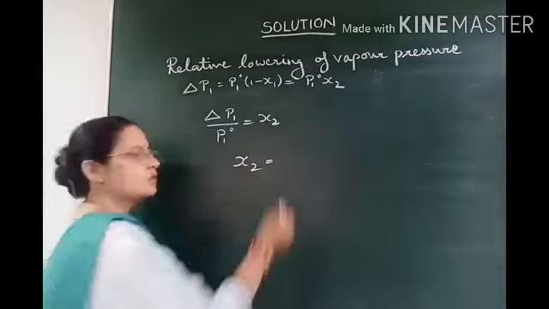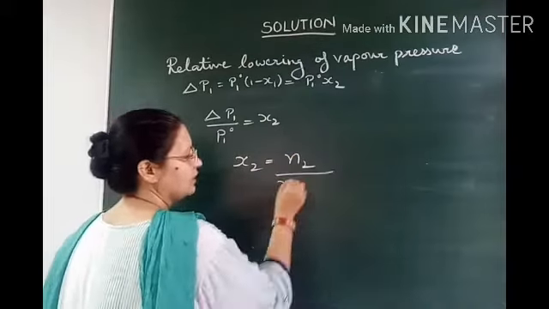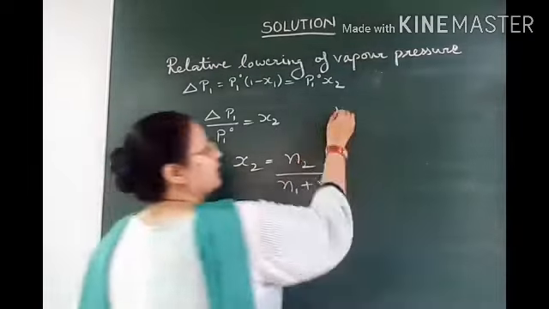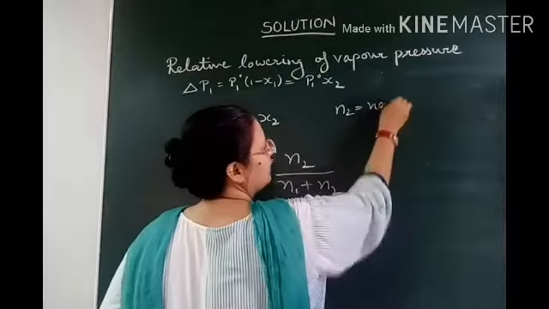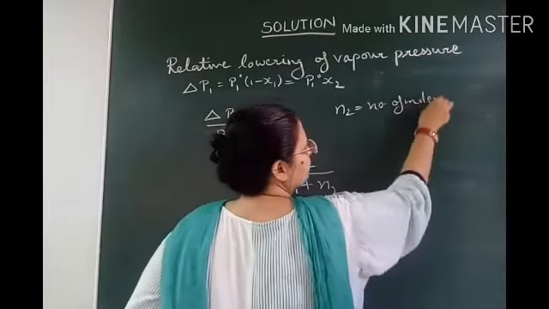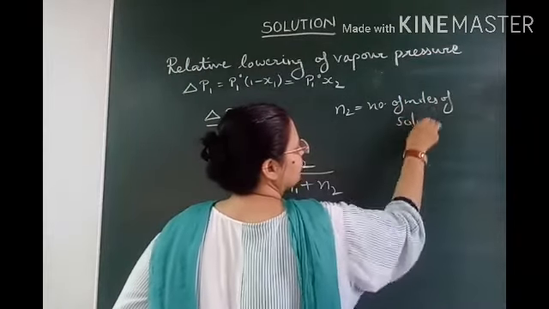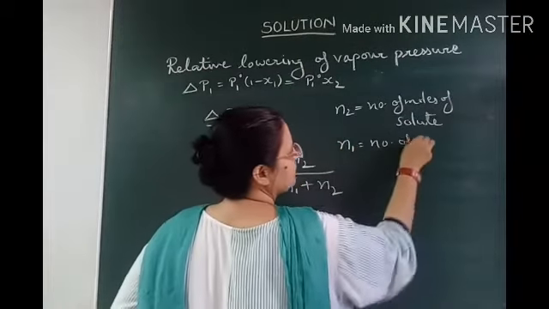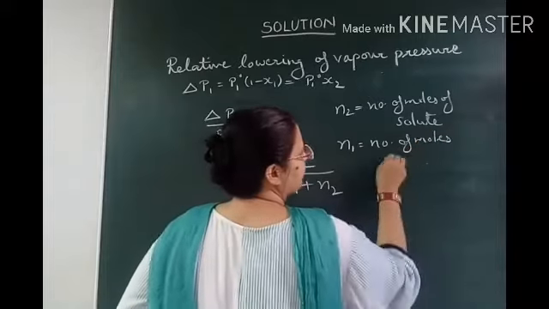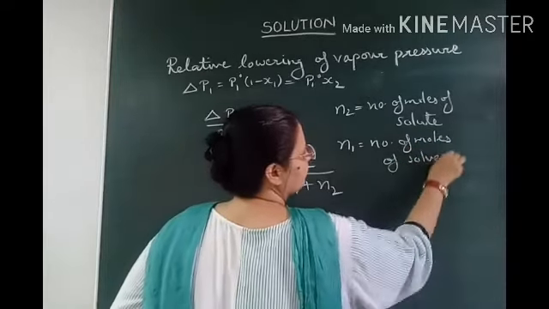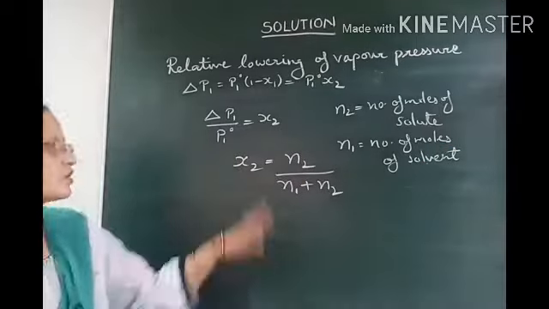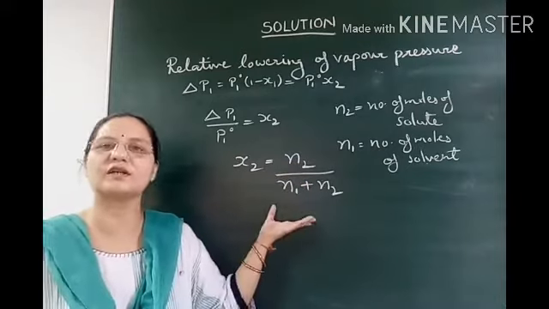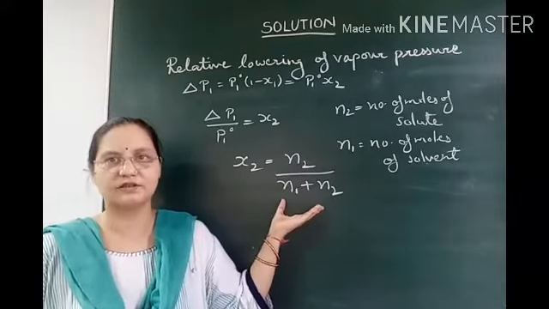X2 is equal to n2 upon n1 plus n2, where n2 is the number of moles of solute and n1 is the number of moles of solvent. So the mole fraction can be calculated by the number of moles of solute upon the total moles present in the solution.